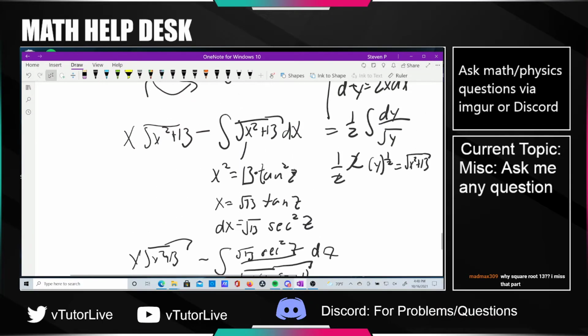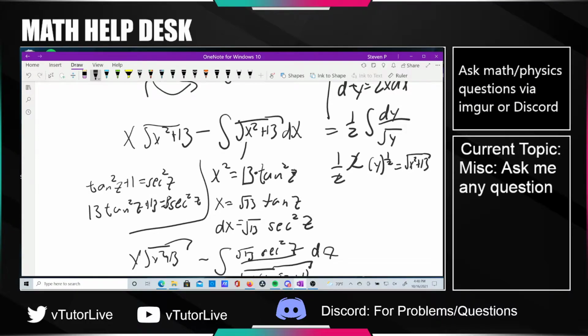The square root of 13 comes from, again, a chain rule. So we chose x squared equal to 13 tan squared of z because we want to make use of the identity that tan squared of z plus 1 is equal to secant squared of z, right? And if we multiply both sides by 13, this turns into 13 tan squared z plus 13 is equal to 13 secant squared of z, right?